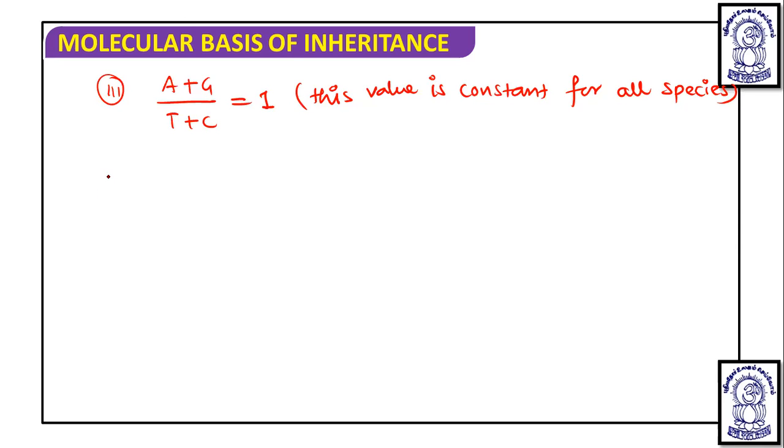The next thing is, this is the ratio of purines and pyrimidines. Another ratio which we are going to talk about is the base ratio.